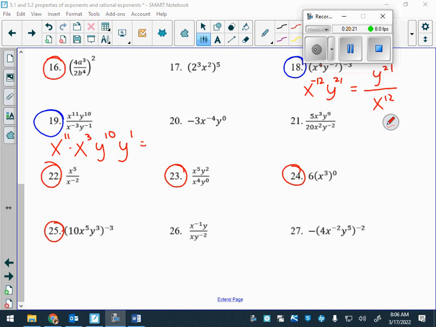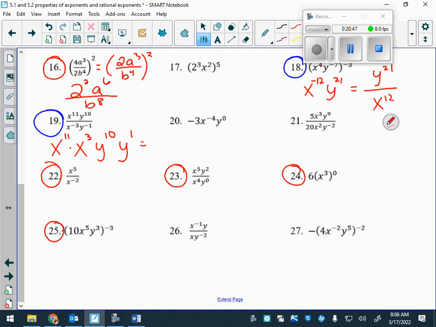With 16, you could simplify what's inside first if you wanted to. Meaning, 4 divided by 2 is 2a cubed b to the 4th. Then make sure you're squaring all three of those terms. So 2 squared, a to the 6th, b to the 8th, you'll get the same thing as what's on the board.